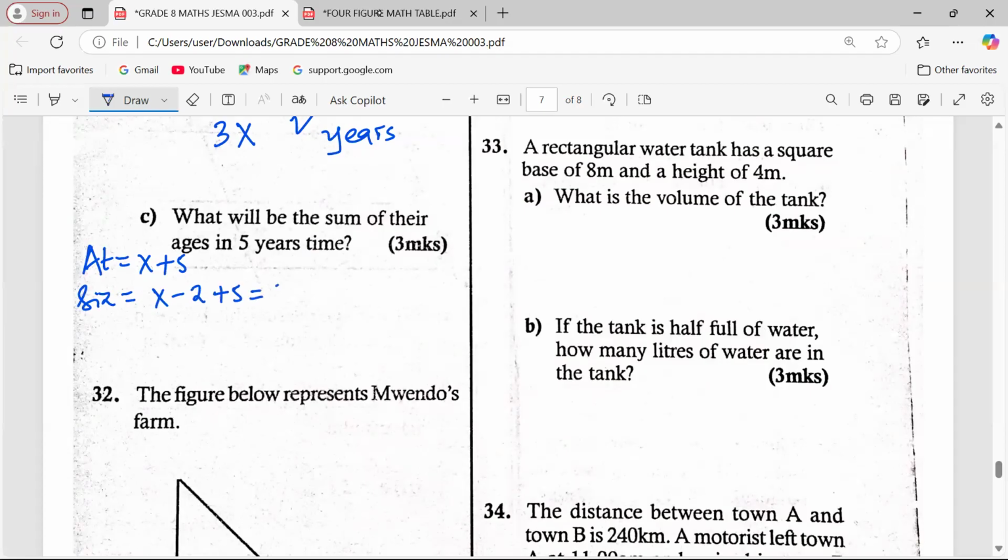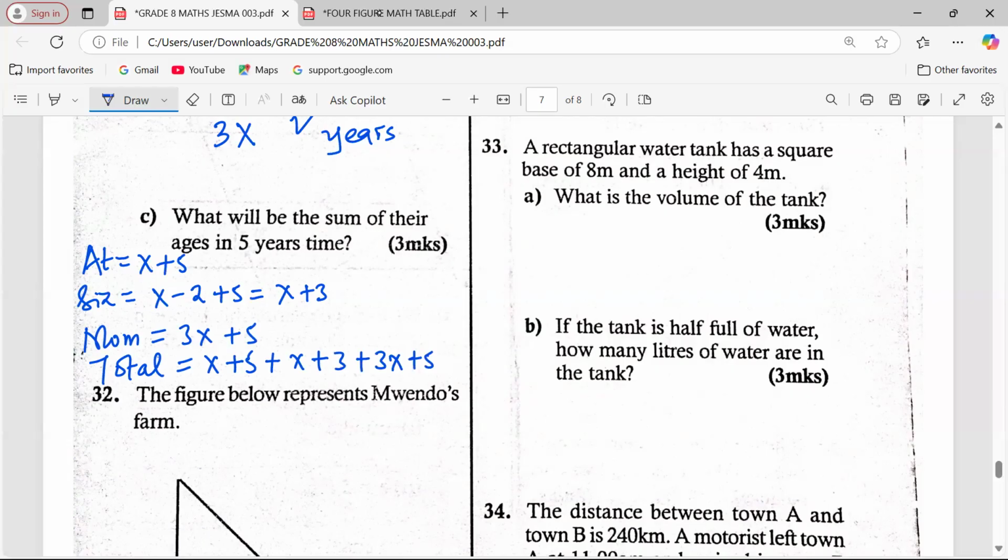This can simplify to X plus 3. Then we will have the mother, who is 3X, and we'll also add 5. So the total, or the sum, is going to be X plus 5 plus X plus 3 plus 3X plus 5.